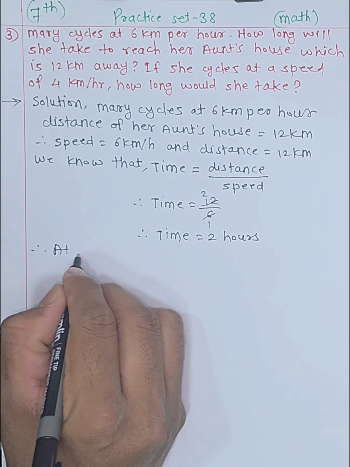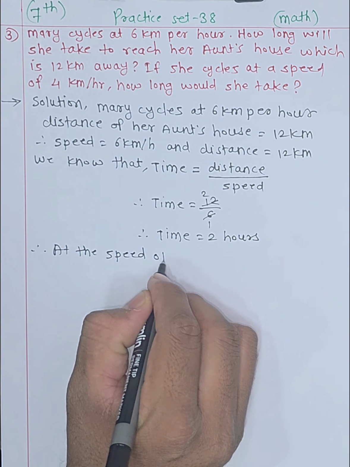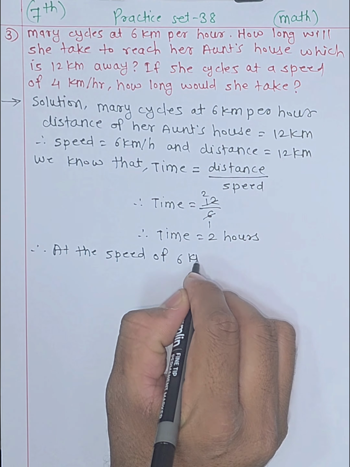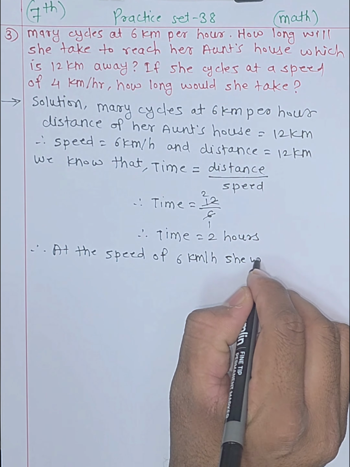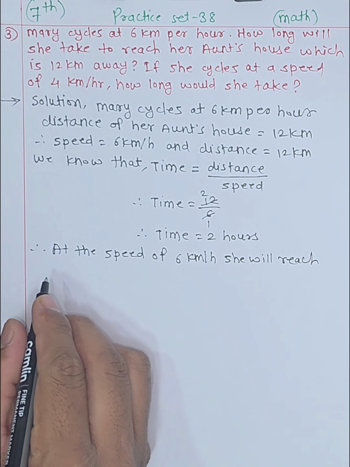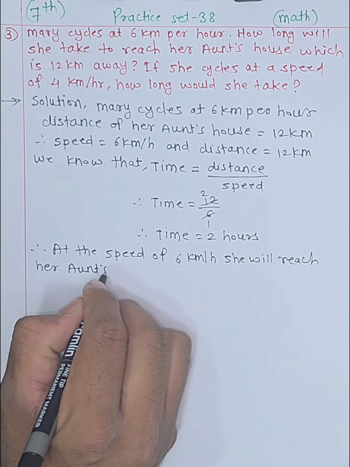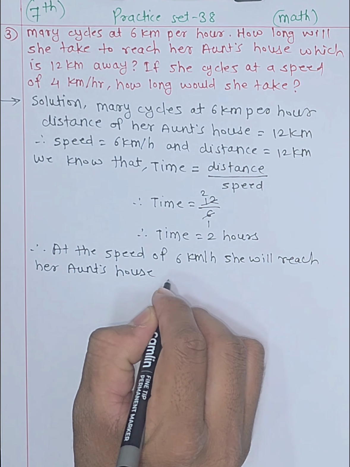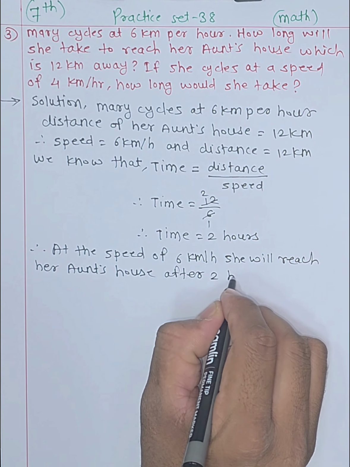Therefore, at the speed of 6 km per hour, she will reach auntie's house after 2 hours.